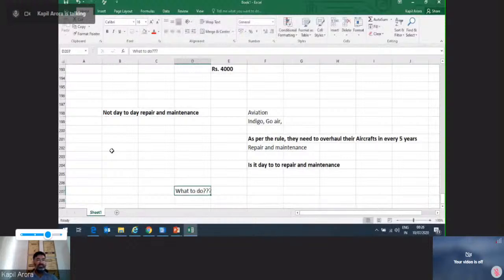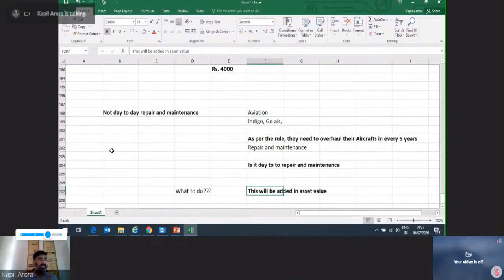What to do? This will be added in asset value, so it will not be kept as an expense.